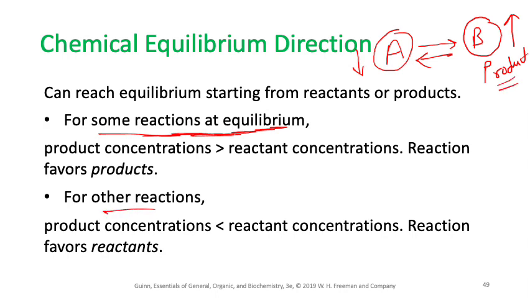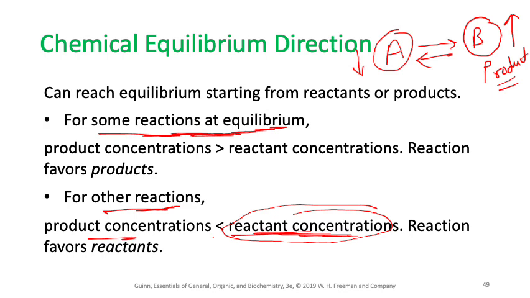But for some other reaction, it is vice versa. The concentration of the reactant may be higher compared to the concentration of the product. That means the reaction wants to favor the reactant compared to the product. That's why the reaction is going more toward the reactant, and that's why the reactant has more concentration compared to the product concentration.